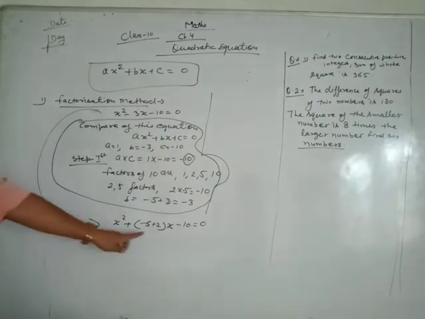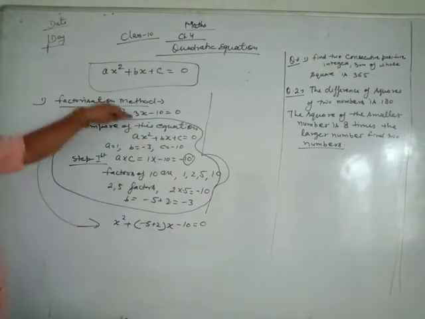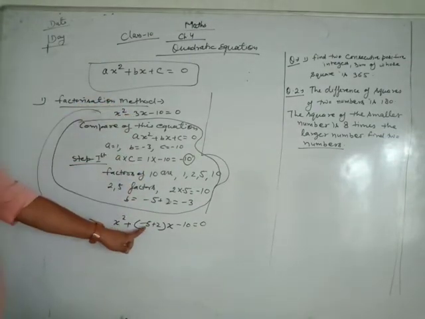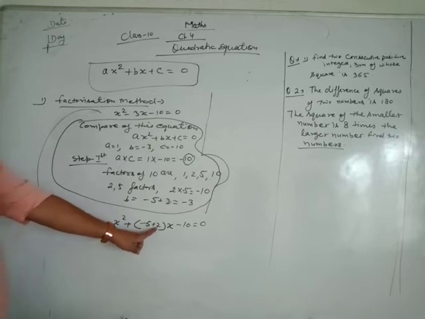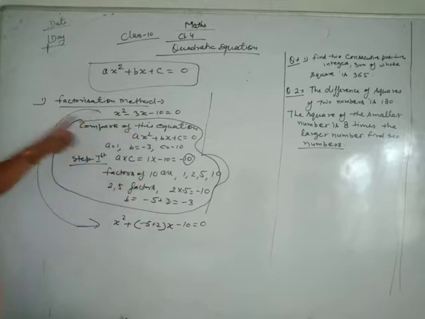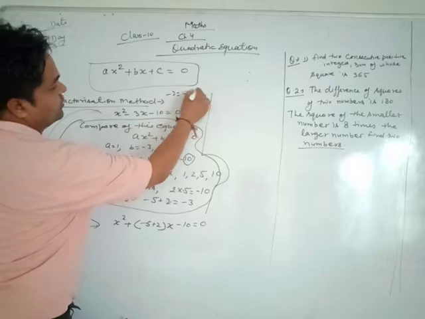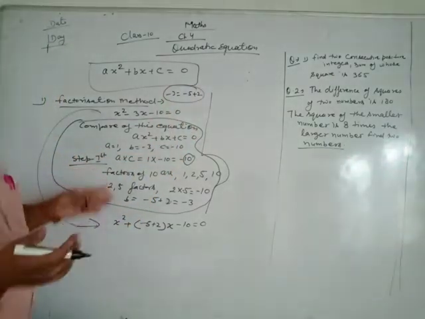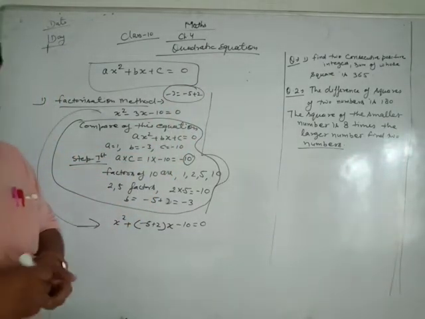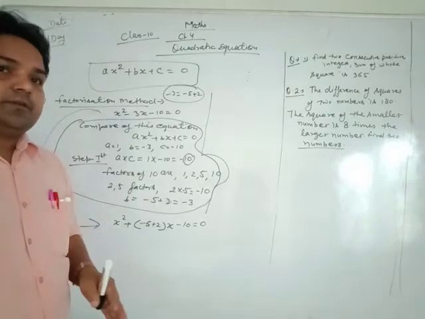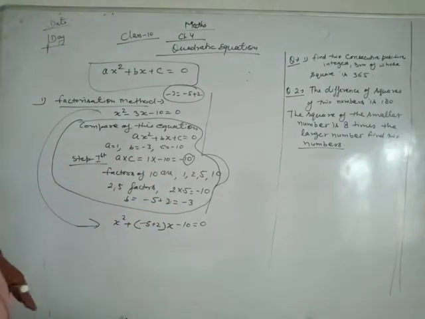We will change only this -3, because we can write -3 equal to -5 plus 2. It is the same, but we split it. It is also called the split method of the quadratic equation.